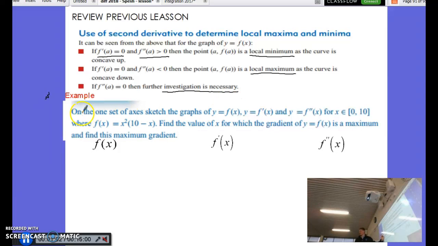So particularly, what do we want to consider when we get this scenario, when we get the second derivative actually equals 0, and we investigate further to think about what the point is looking like? What are the two possibilities we could be considering? Point of inflection or a stationary point of inflection. So if the first derivative at that point is also equal to 0, what does that suggest?